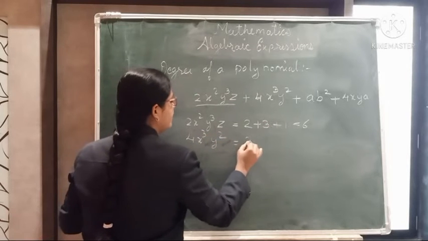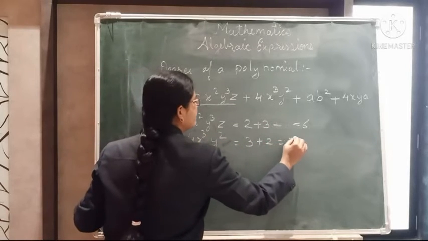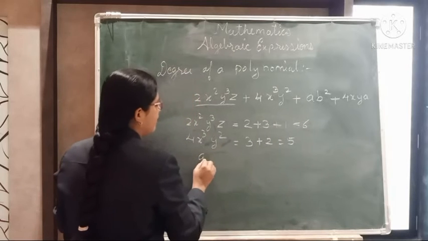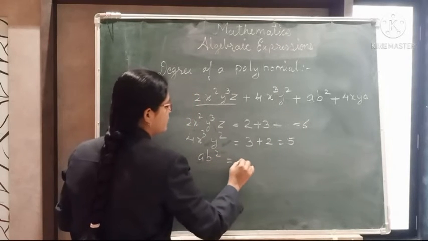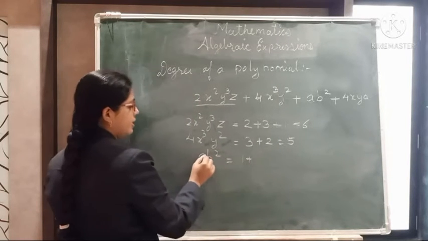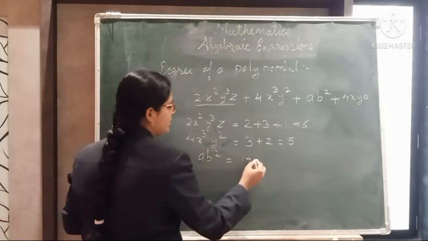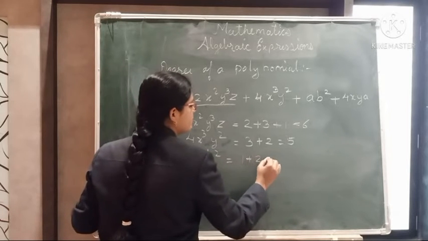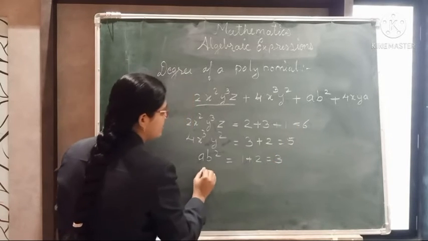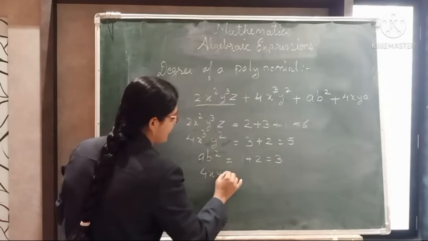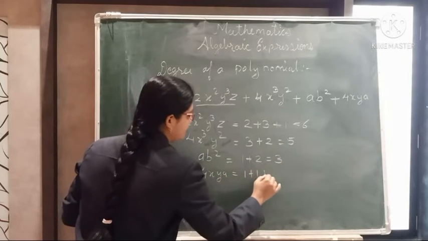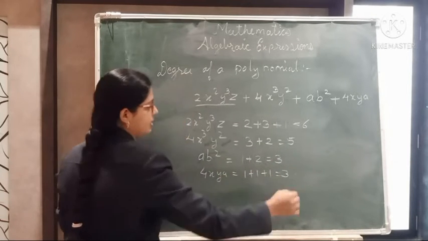Then next, 4x cube y square. Here 3 plus 2, that is 5. Then ab square. Here a is raised to 1 and b is raised to 2, so it will be 3. Then next is 4xyz, so 1 plus 1 plus 1, it will be 3.